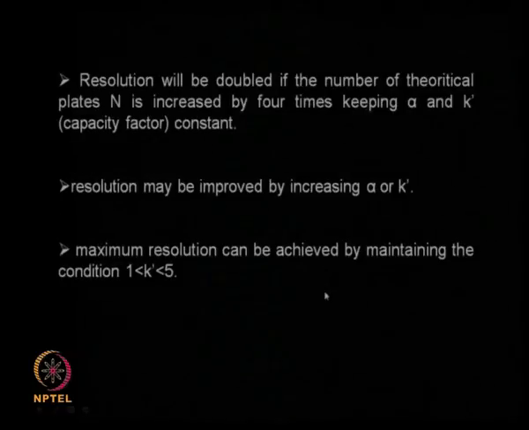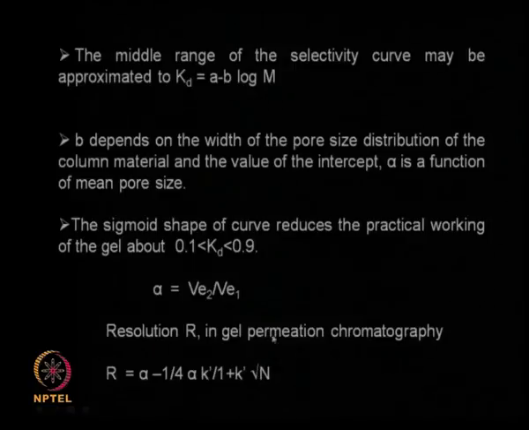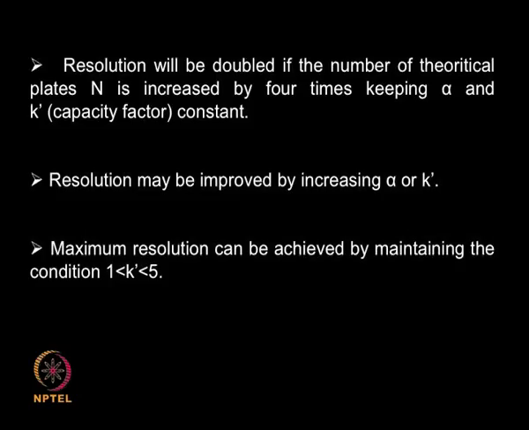If you keep alpha and k dash constant, it is obvious from this relationship that we will be able to increase the resolution by increasing n. K dash is nothing but the capacity factor actually. So resolution may be improved by increasing alpha or k dash. We can achieve maximum resolution by keeping k dash between 1 and 5.